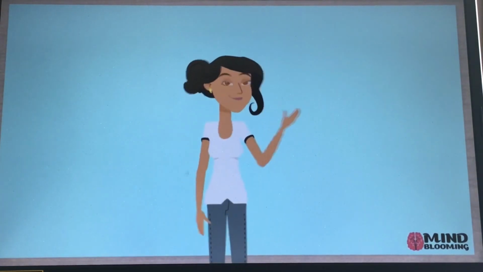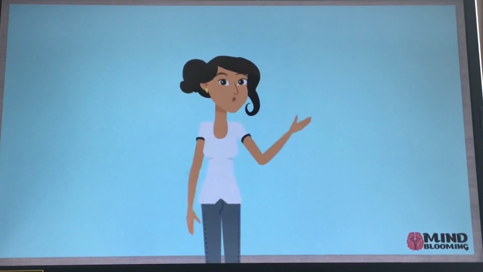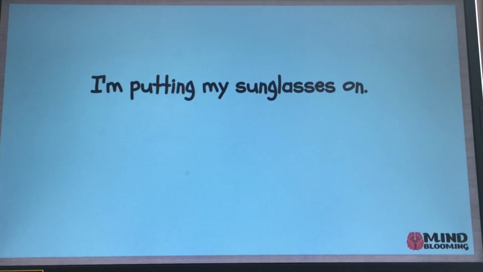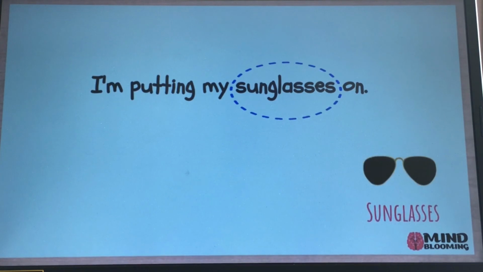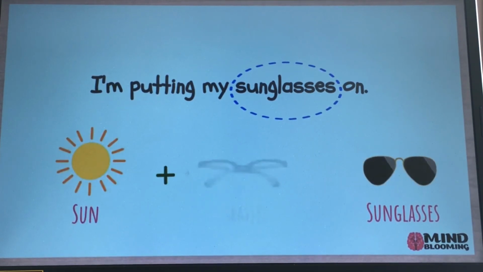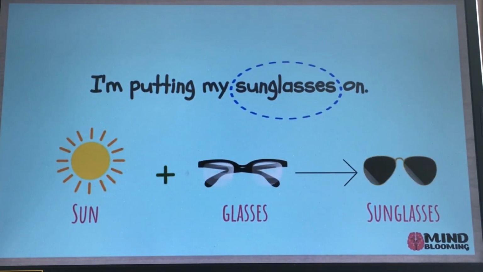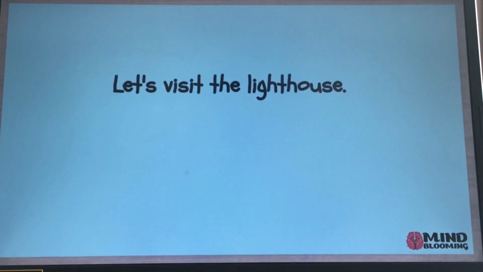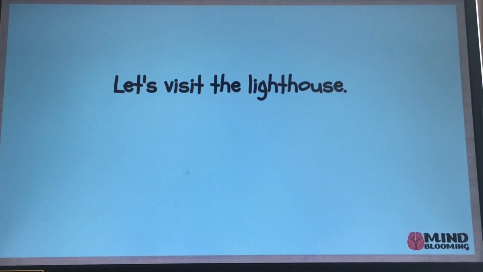Can you find the compound words in the following sentences? I'm putting my sunglasses on. Which word in this sentence is a compound word? If you said sunglasses, you are correct. The word sunglasses can be broken apart into sun and glasses. Let's visit the lighthouse. Which word in this sentence is a compound word?